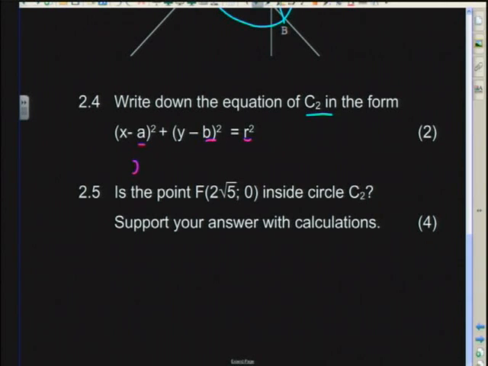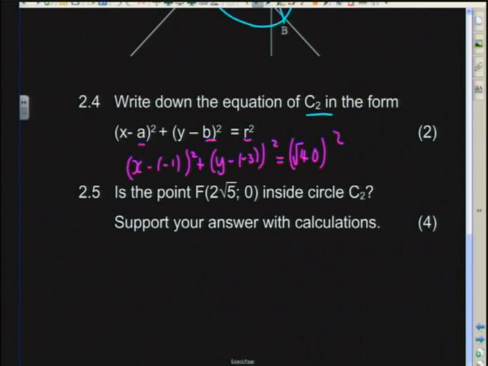So we get (x - 1) squared plus (y - 3) squared is equal to R squared, so it's going to be root 40 squared.